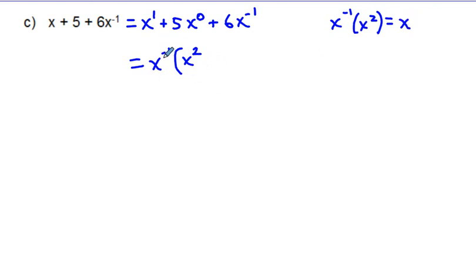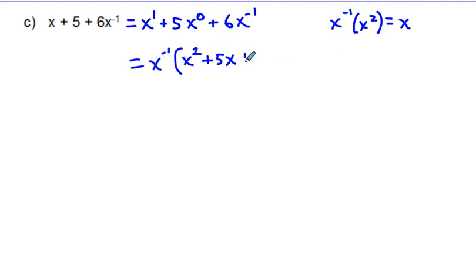And then x to the negative 1 power times what equals 5x to the 0 power? Well, that's going to be plus 5x, because x to the first power times x to the negative 1 power is x to the 0 power.